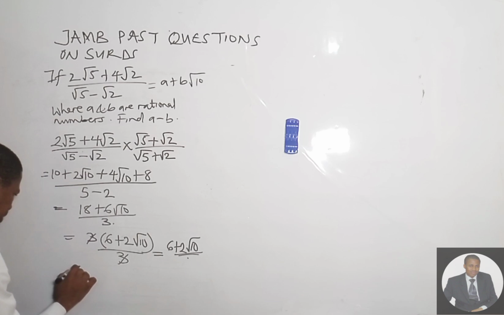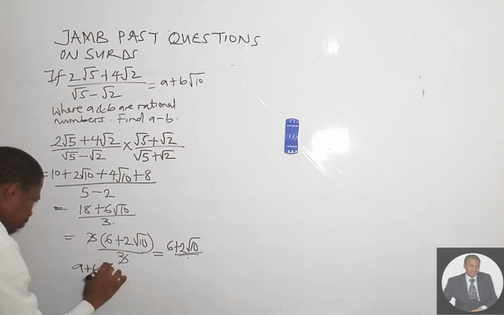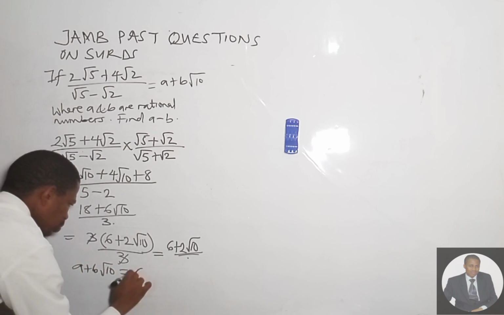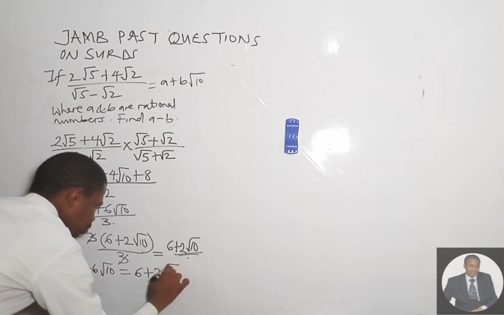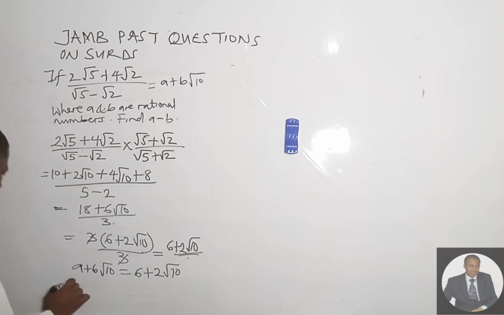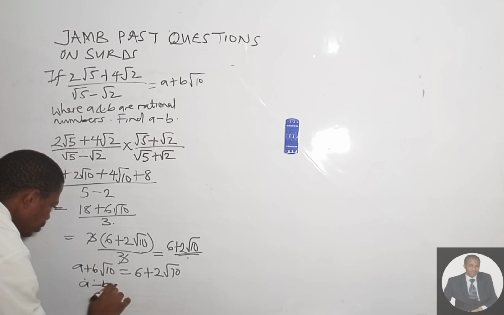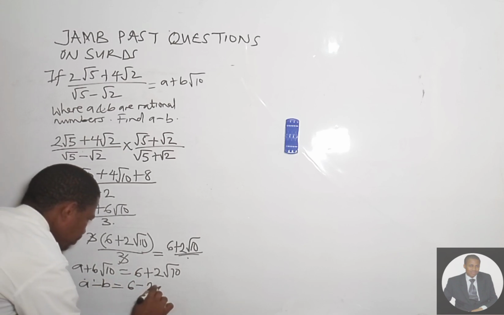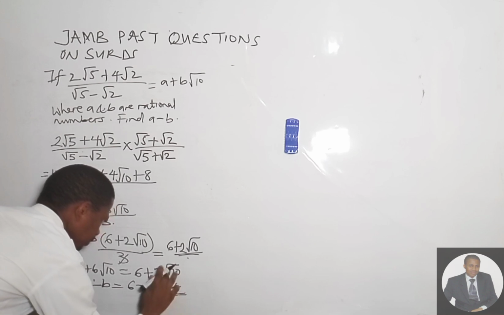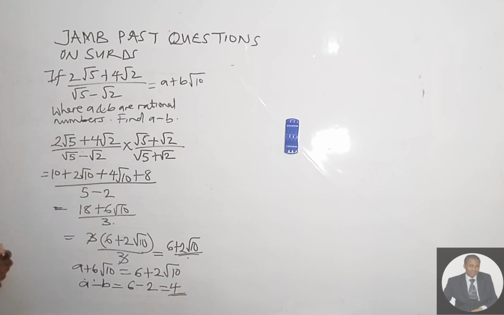Now they told us a plus b root 10 will be equal to 6 plus 2 root 10. So our a minus b will be what? A will be 6 minus 2. So that will give us 4. So our final answer will be 4.